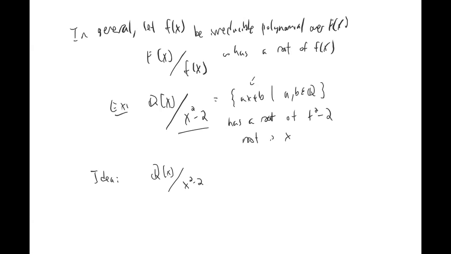So the idea is this is isomorphic to Q adjoin root 2, which is the set of a plus b root 2 such that a and b are in Q. So we got a bigger field from the smaller one.